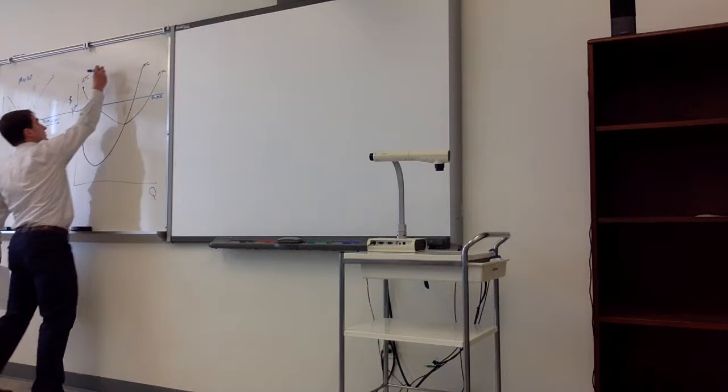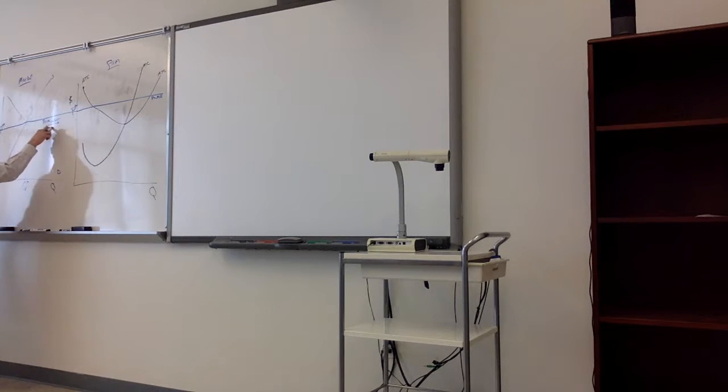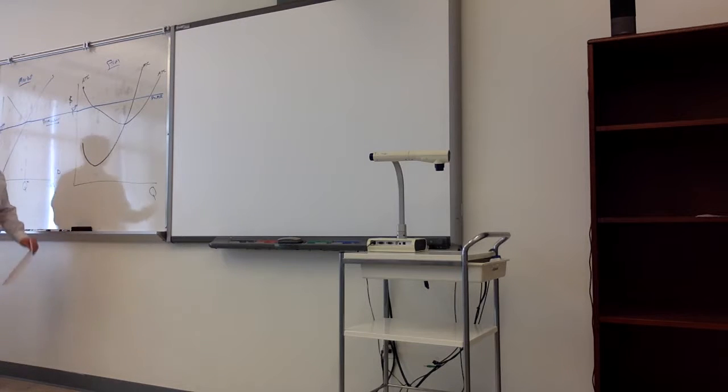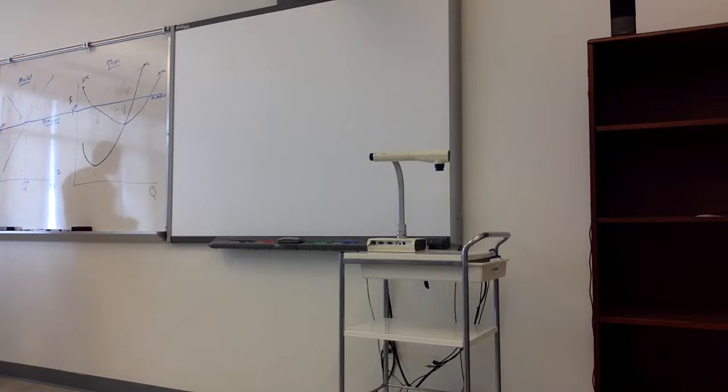A firm in a perfectly competitive market is a price taker, and that price is the marginal revenue, and it's also the demand that they face, that they see. They don't see the entire demand curve.